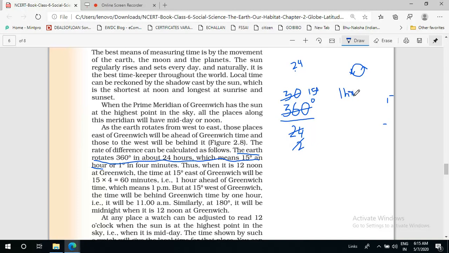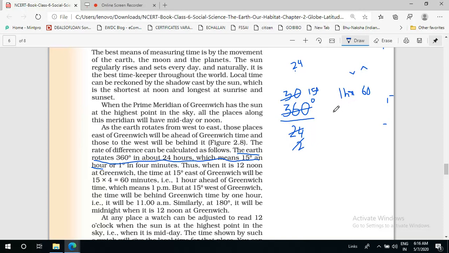Now we have to make this calculation: if the earth is moves 15 degrees in 60 minutes, then how many degrees will the earth move in 1 minute? 60 मिनट में 15 degree, तो 1 minute में what will be the answer?